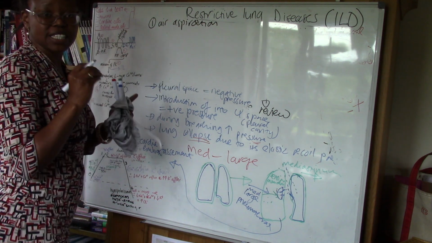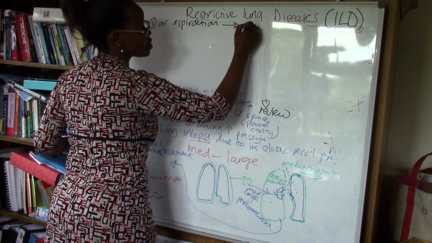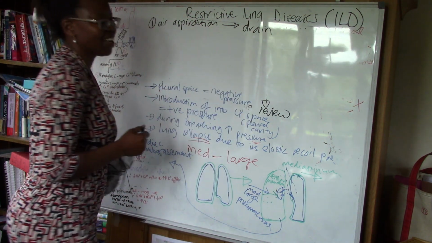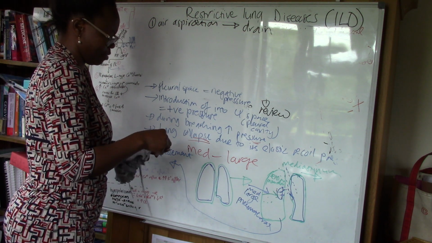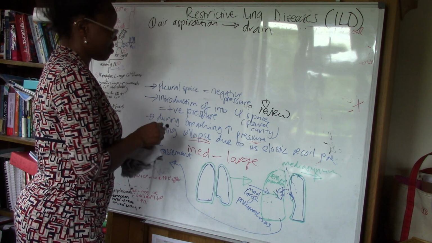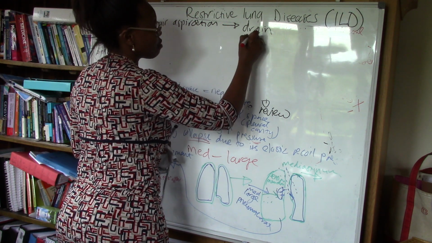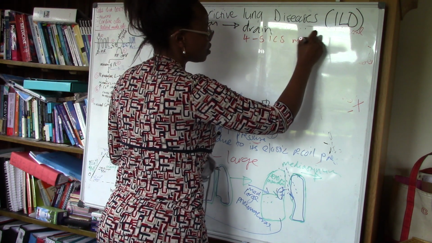And if that does not resolve the pneumothorax, then you move on to a drain, to inserting a drain. I'm tempted to say where it's inserted, but I've only seen one, and I think it's between the 4th to 5th intercostal space, mid-clavicular line.